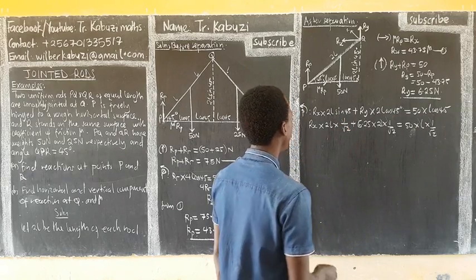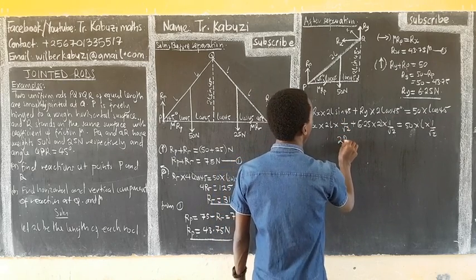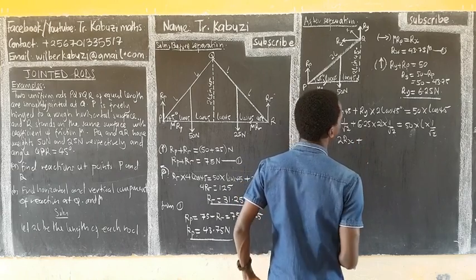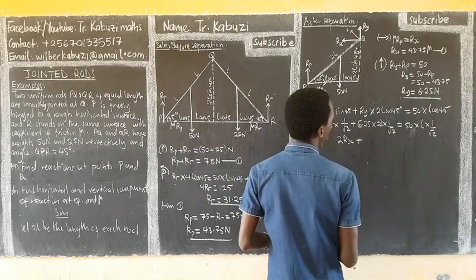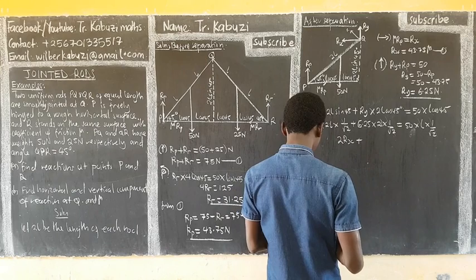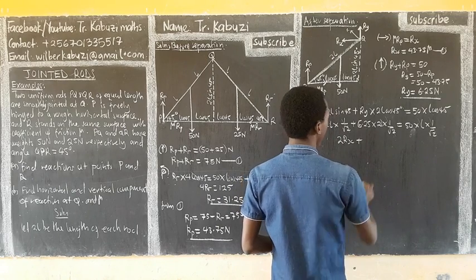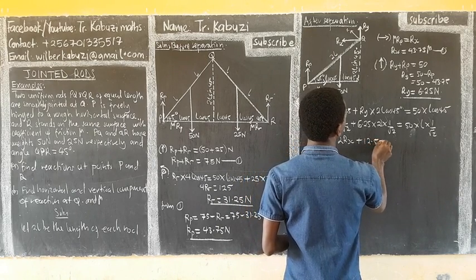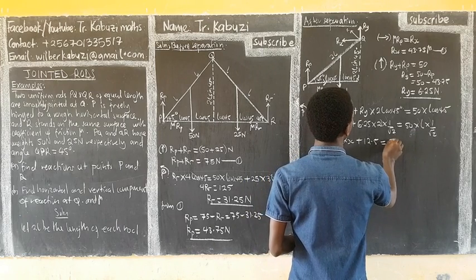So what is remaining is 2Rx plus, this is going to be 12.5, equaling 50.